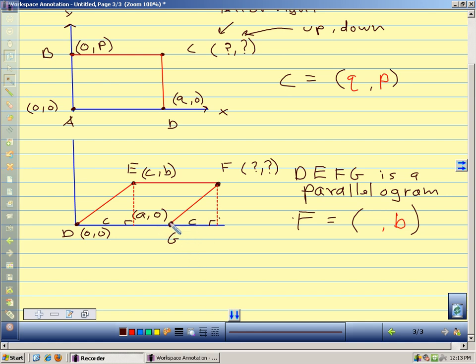If point G is at A to the right, and I go over C more spaces, how can I write how far I've gone total? A plus C. Perfect. Very nice. So the distance left or right is going to be A plus C. So that would be the coordinates of point F. I go over A and then C more, A plus C, and I go up B because it's the same distance up as point E. Questions on that?